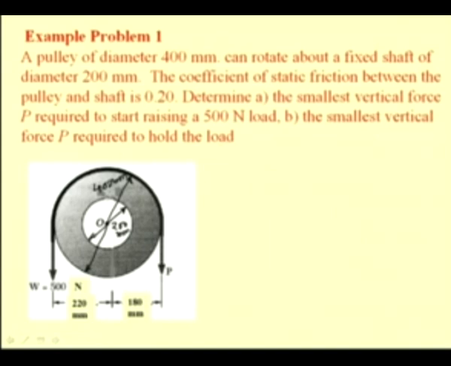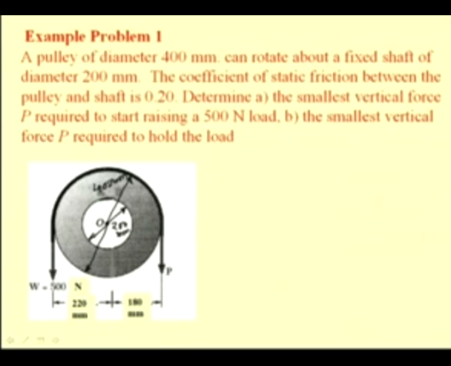That means if we leave this, the weight will fall, so we need to keep some resisting force P so that this load does not drop. Here we assume that impending slippage does not happen between the belt and the pulley, but rather between the pulley and the shaft. So, the slippage is on this surface and not on this surface.